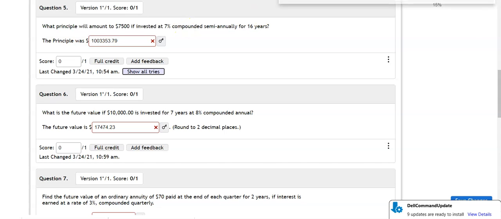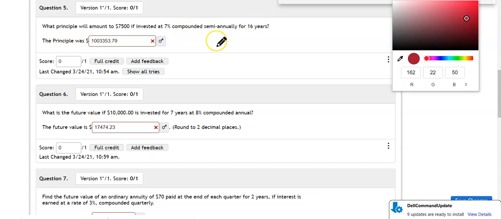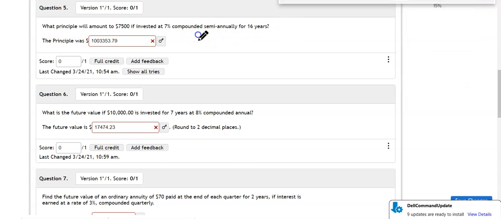Let me see if I can get this little thing that allows me to write on the screen here. Okay, now, since we're only going to put one principal in, and we are compounding, this is our compound interest formula. And I may use slightly different variables than the book, but you should be able to match them up.